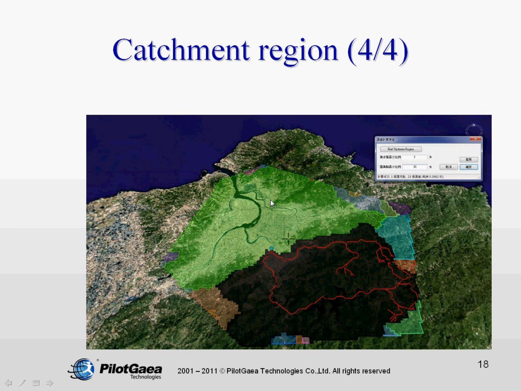Furthermore, the system can be set to show only the segmental river. The black region shown in the figure is the upstream region from the green point, and the red line is the river in this region.